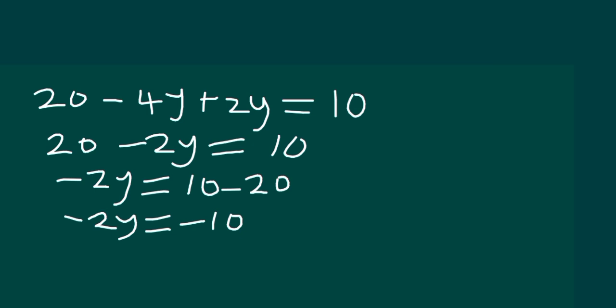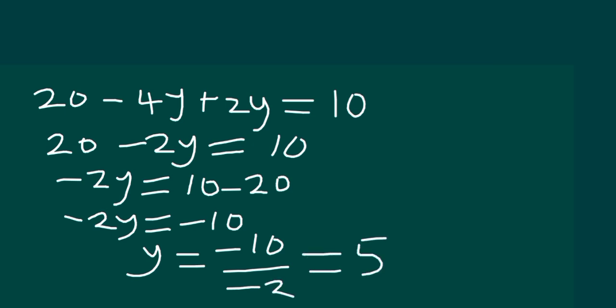Then we divide both sides by negative 2, and this gives us y is equal to negative 10 all over negative 2, which simplifies to 5. Therefore, the value of our y is 5, right? Because this negative here cancels the negative here, and 10 divided by 2 is 5.